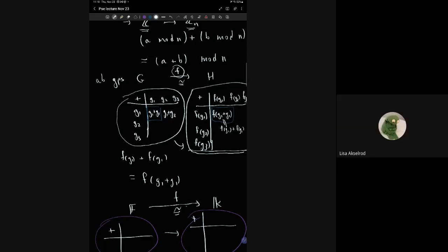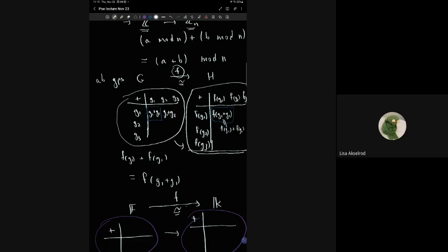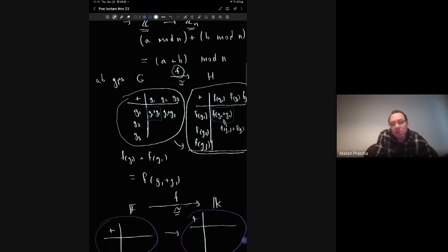I see. So the order might differ, but the elements will be the same. Exactly. Okay, clear. I get some representation of the addition table of H. Again, I don't know in what order. It could be that G3 would have been the unit element in G, so let's say 0G.